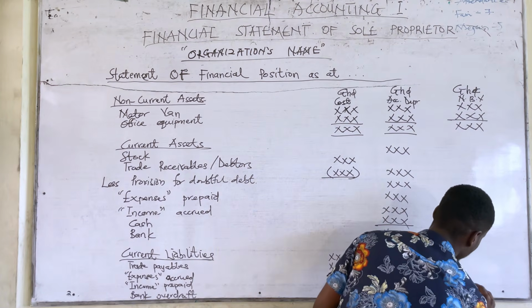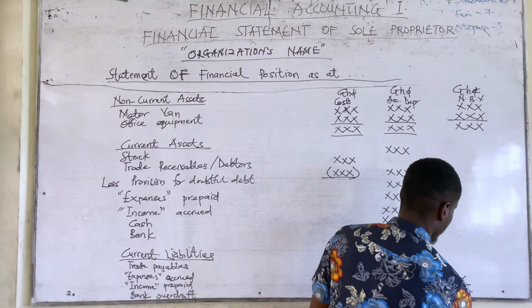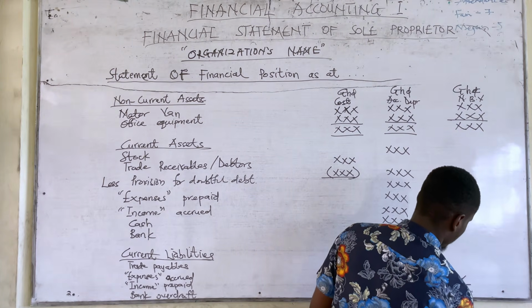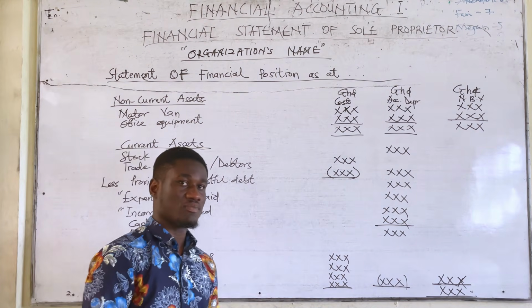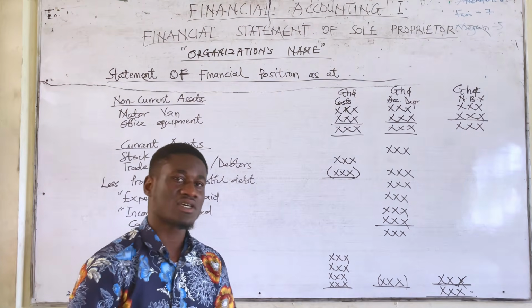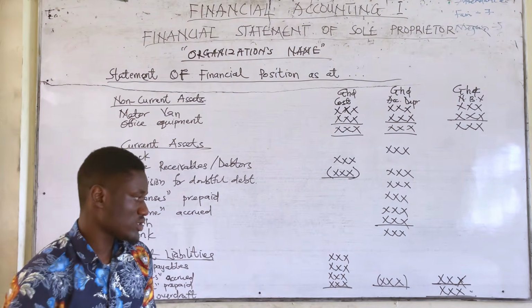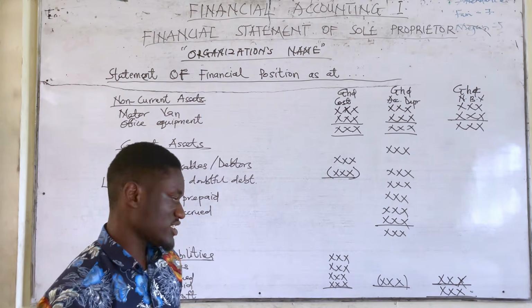So you are going to add this working capital to this non-current asset. Good. Then you are done for the first part of the balance sheet or financial position. You get it? Good. So after this, you move to your finance side. So after doing all this, we are now moving to the finance side.